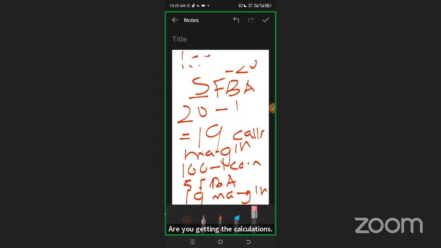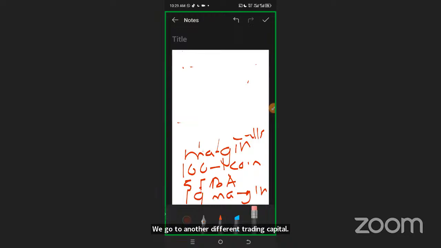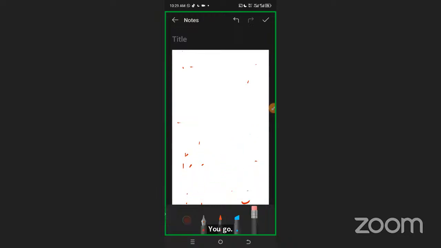We go to another different trading capital. If you are using $200, trade one coin.